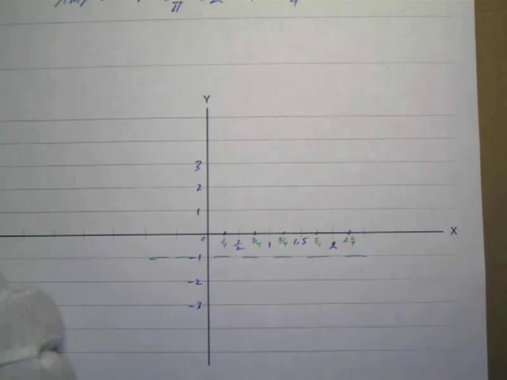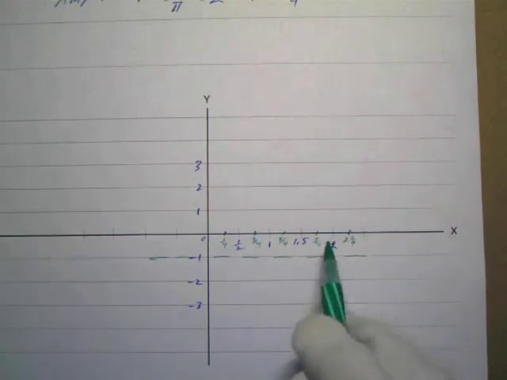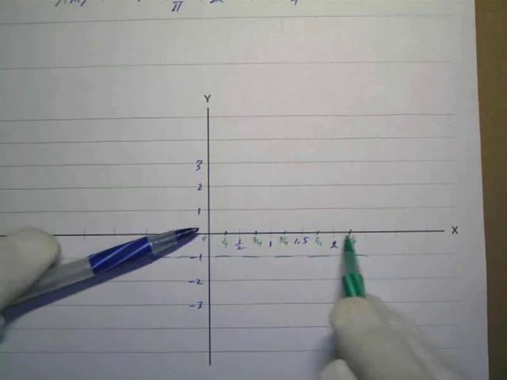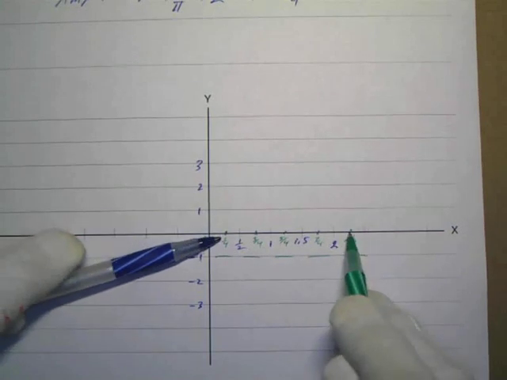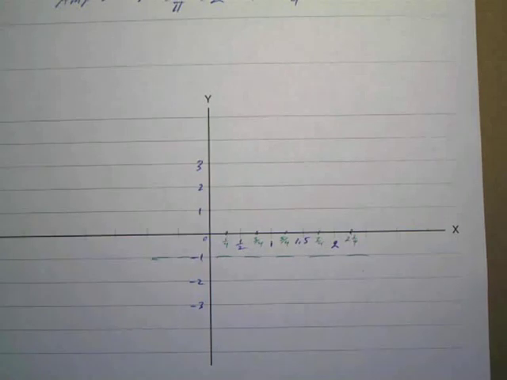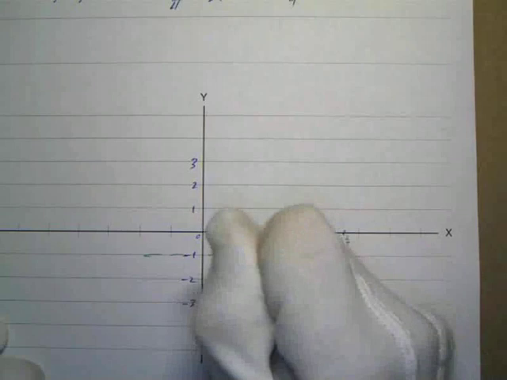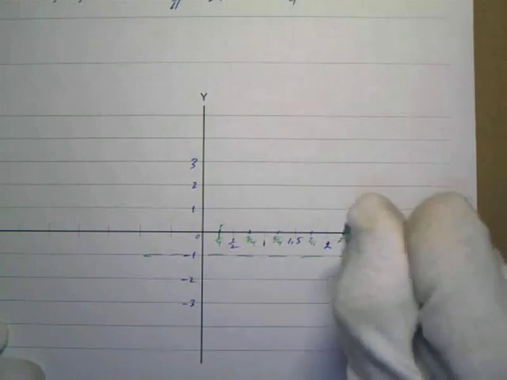This would be 9/4, 2 1/4. Okay? So instead of going from 0 to 2, it's going to go from 1/4 to 2 1/4. Okay? So I can put a little mark there so I know that's where I'm going. Just 1 cycle.